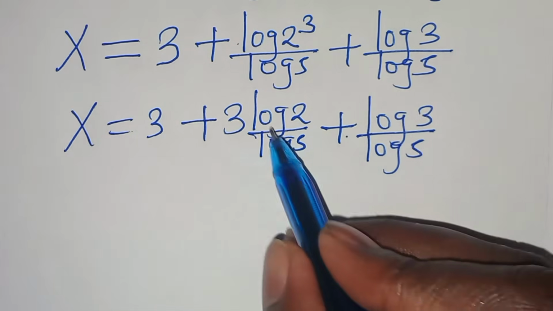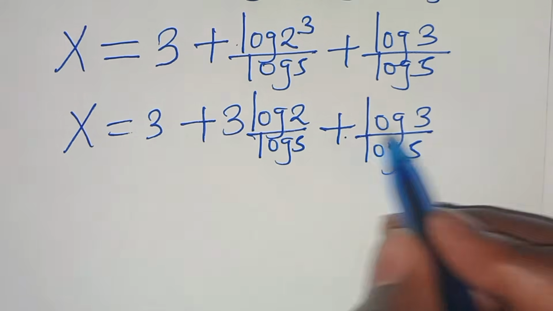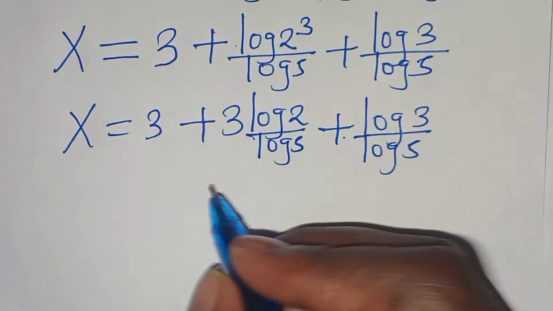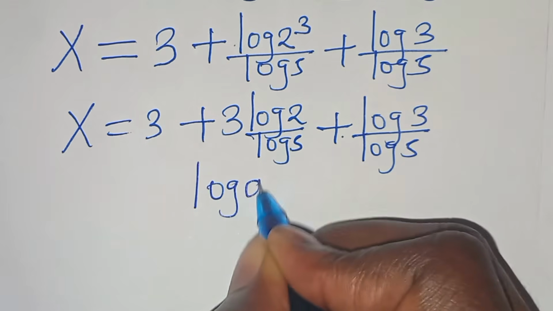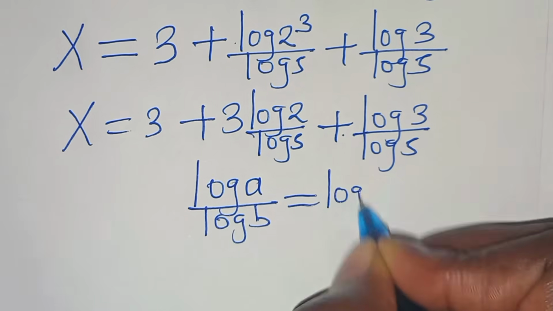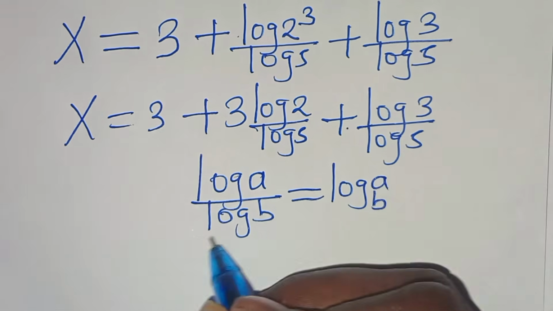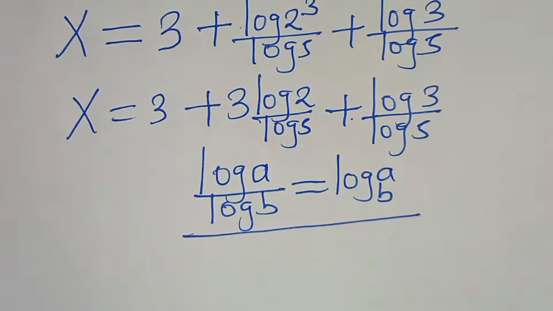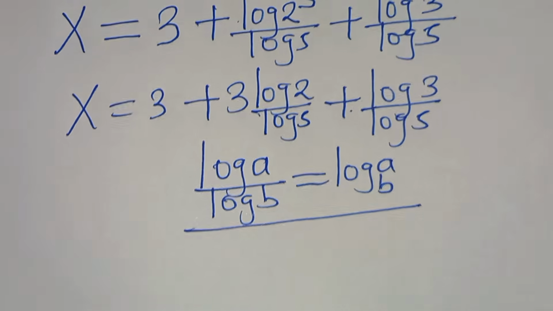So now log 2 over log 5 and log 3 over log 5 are in the form of log a divided by log b, which we can express as log a to base b. So let's apply this logarithm property.